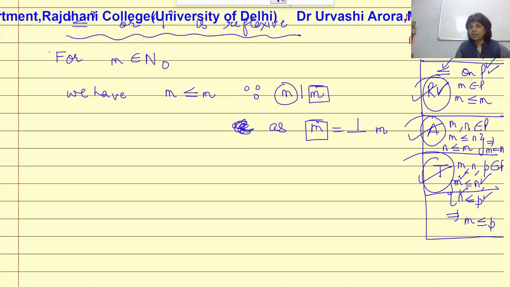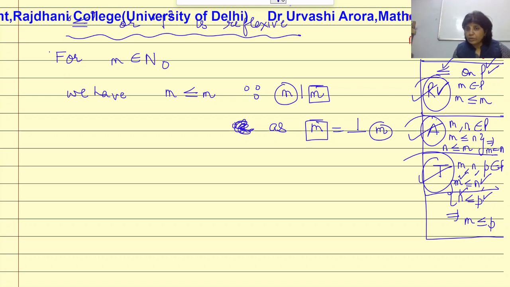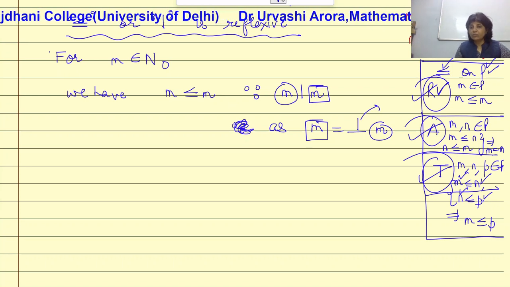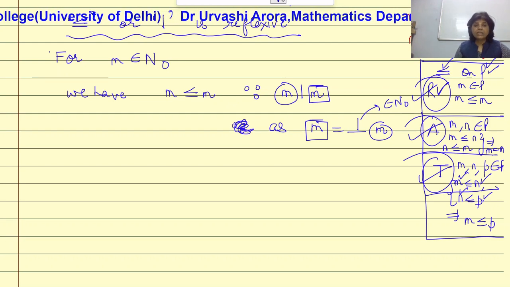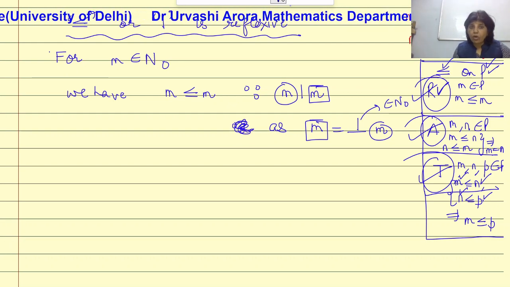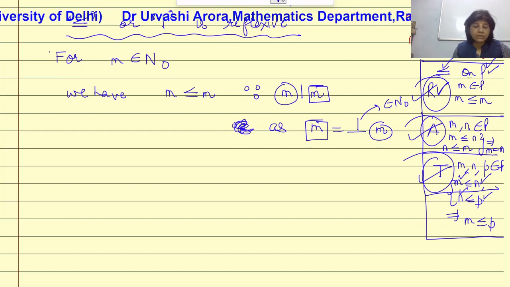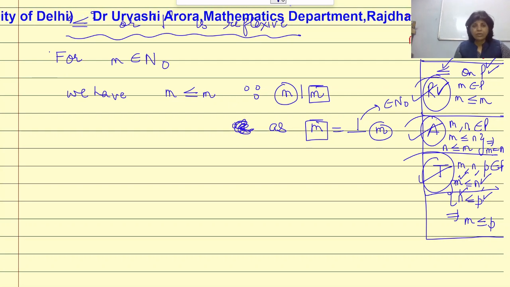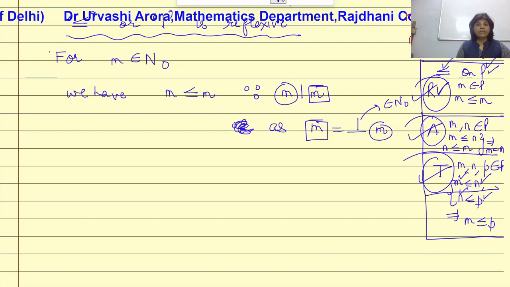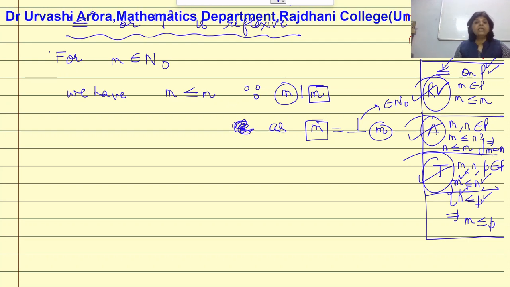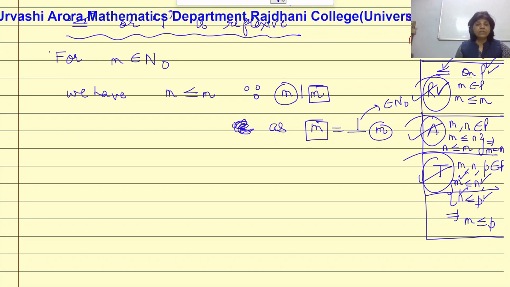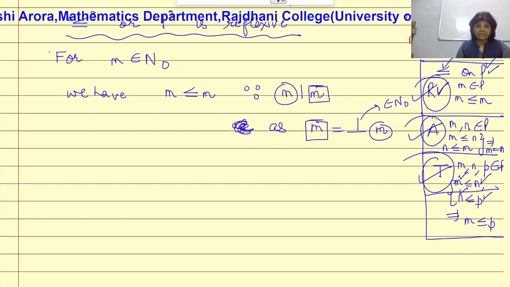M can be written as 1 into m. So because we can write m as 1 into m, where this 1 belongs to the set of whole numbers, that is why m divides m, or m is related to m. Because we had chosen m to be any arbitrary whole number, this property holds for all whole numbers. So the divisibility relation is a reflexive relation.